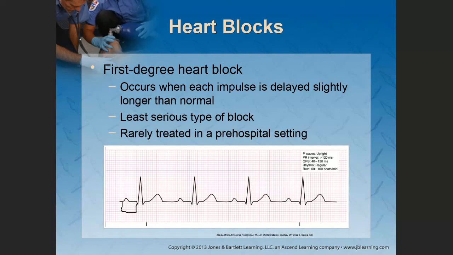If the PR interval is greater than 5 small boxes, you have a heart block.